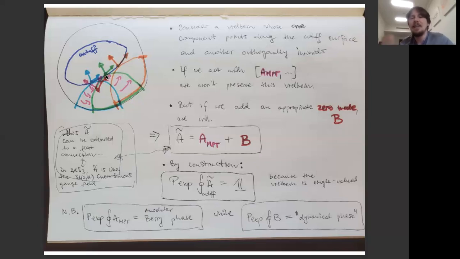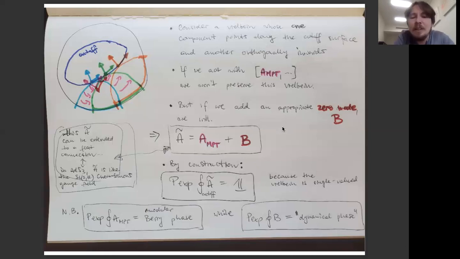And just like Giuseppe was asking a moment ago, any such translation is actually a zero mode of the modular Hamiltonian. So if I allowed myself an appropriate and correctly chosen multiple of this translational zero mode, I would be able to construct a combined object which consists of a modular parallel transport and some zero mode, which shifts along this RT surface. It takes this vielbein to this vielbein to this vielbein, and so on.